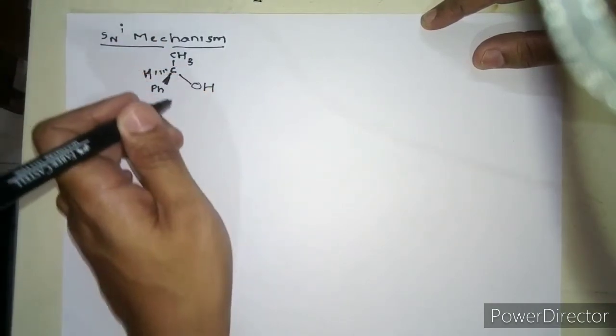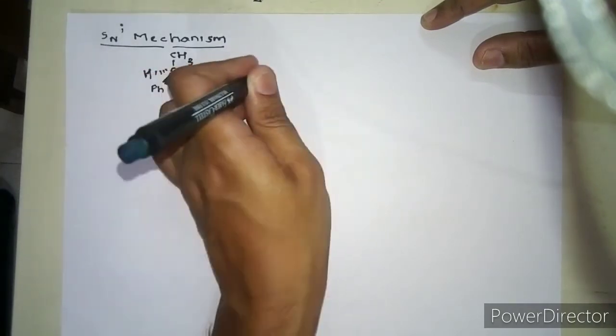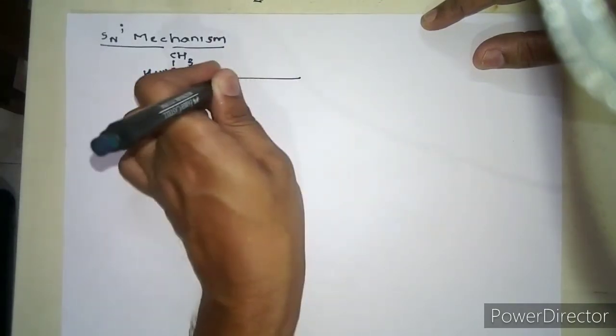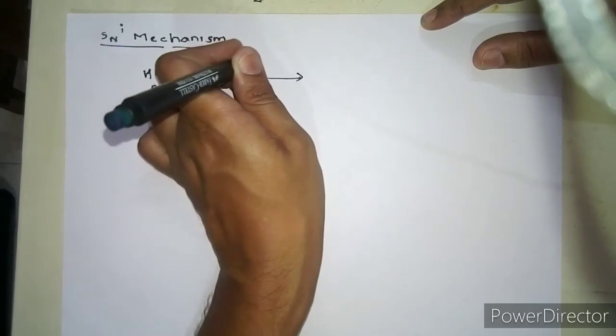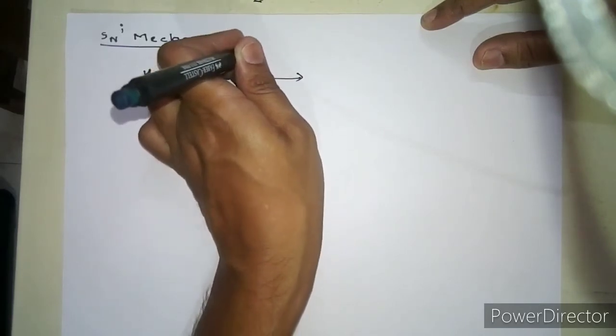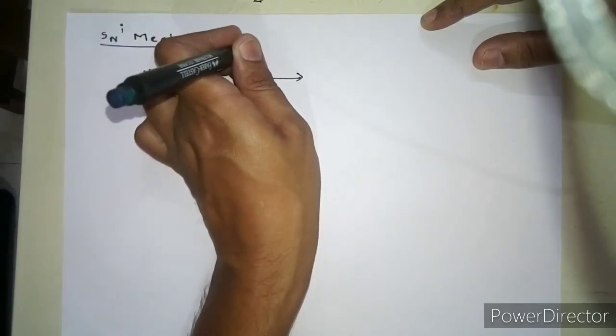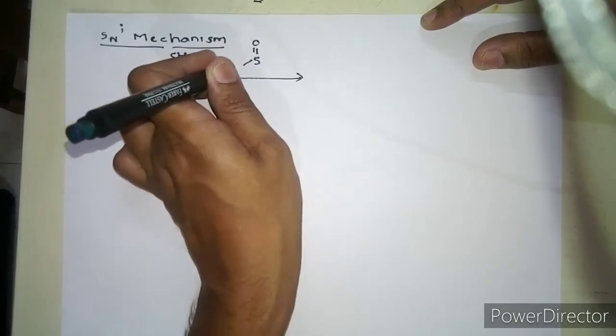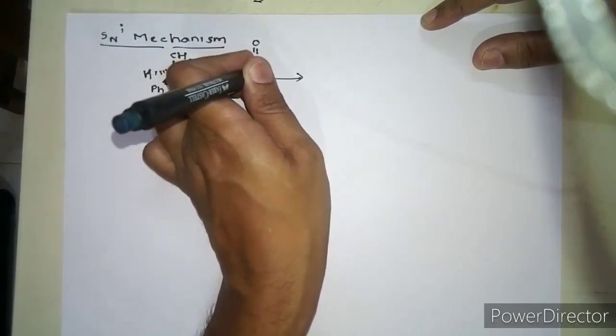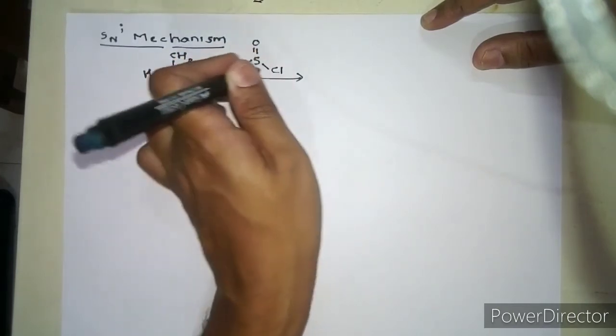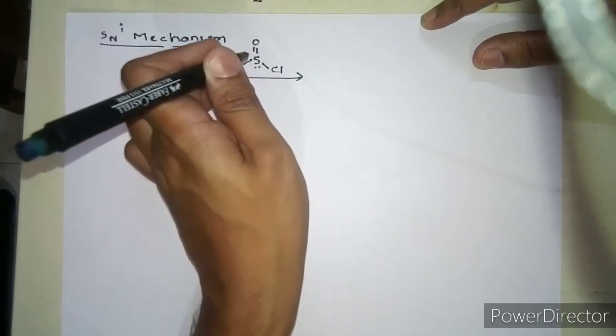I have taken optically active alcohol. Then I react it with thionyl chloride, that is SOCl2.